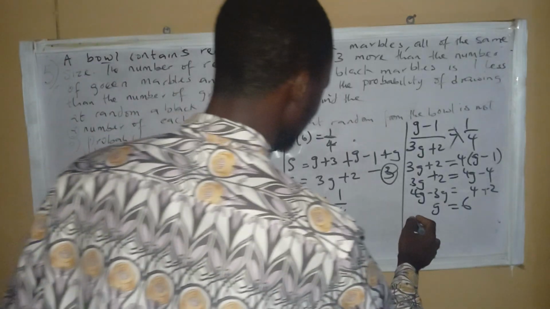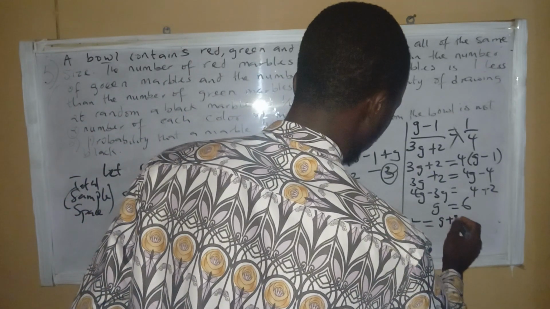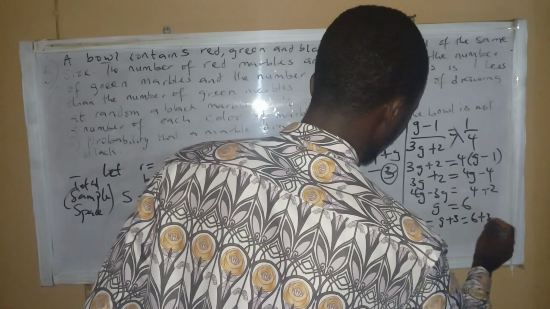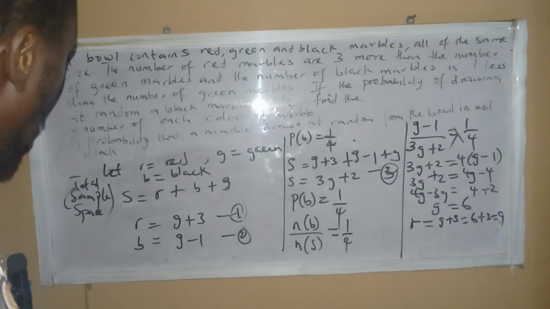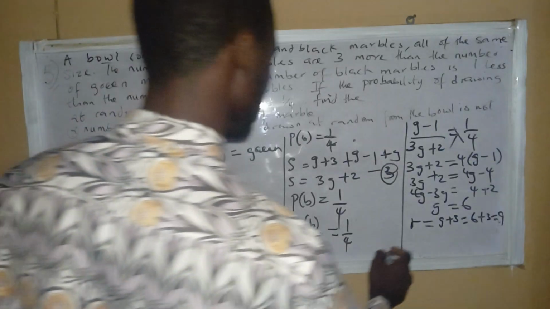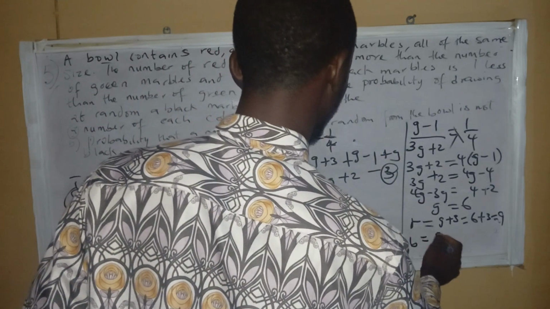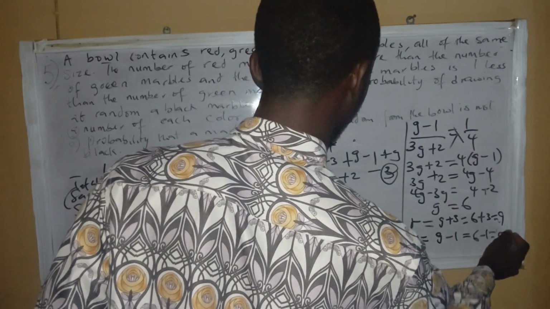R is G plus 3, that's 6 plus 3, which is 9. And our black, B, is equal to G minus 1, it is 6 minus 1, which is equal to 5.